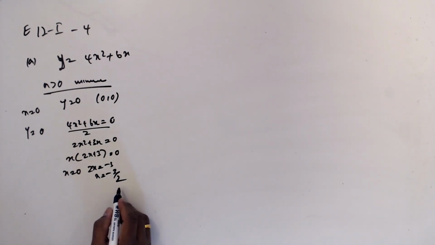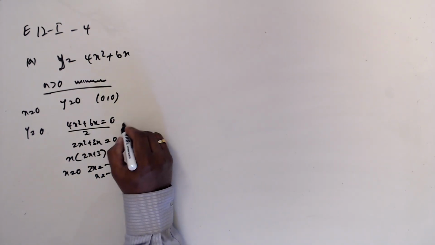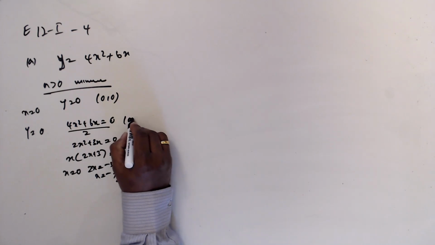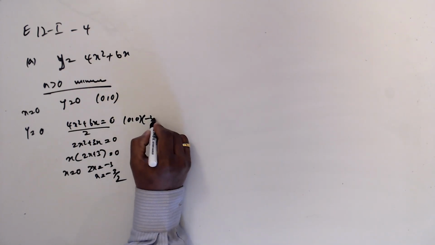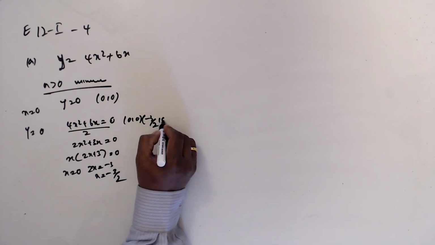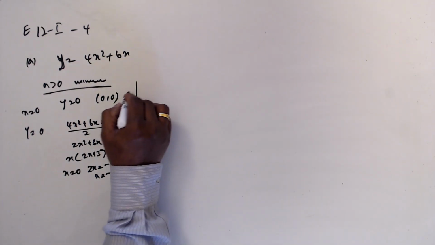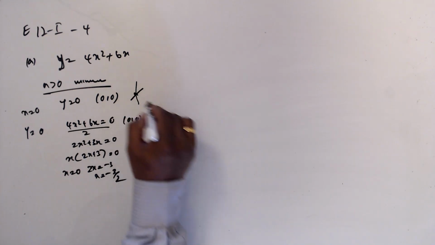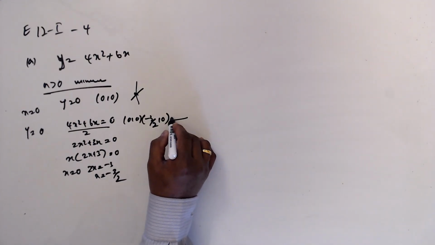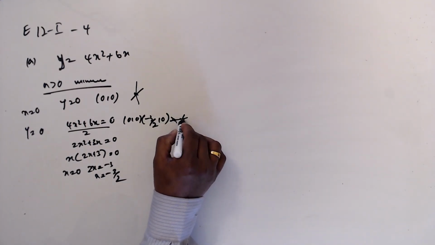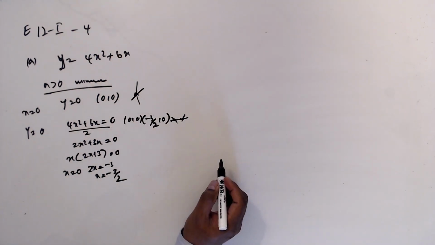So the other point is (0, 0) and (minus 3 over 2, 0). Now we know this is crossing the y-axis, and this is the x-axis. Those two points are the same in this case.